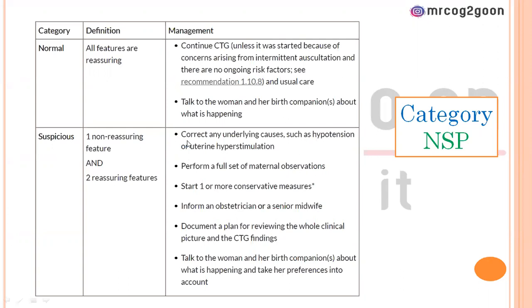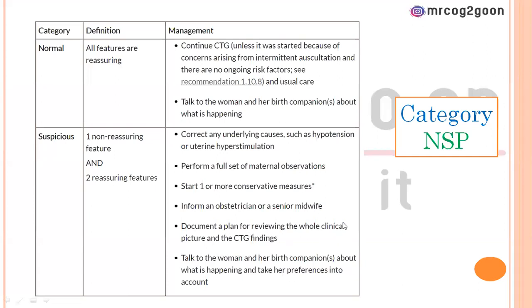What we will do first: correct the cause. If the woman is hypotensive or has hyperstimulation, we have to correct this. Perform a full set of observations, and we will do 1 or more conservative measures, and I will tell you in a few minutes what the conservative measures are. Inform the obstetrician or senior midwife.